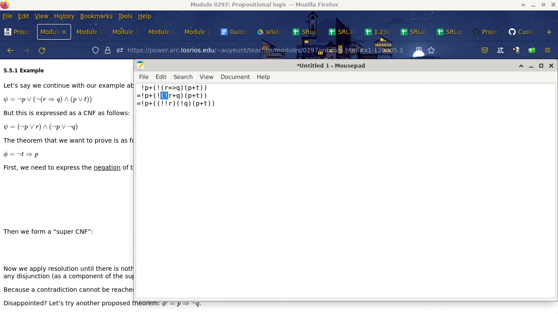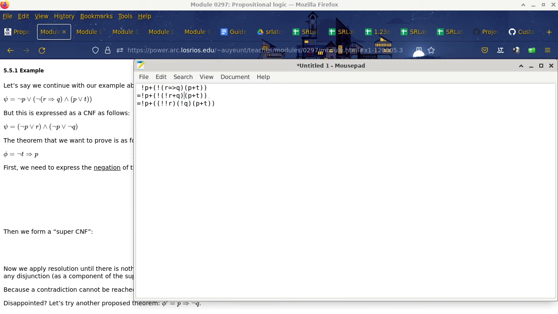So this negation applies only to this, and it does not apply to that. Because if you look at asterisk as and, this and here has a lower priority compared to the negation here. So the negation is immediate. It applies to whatever is on the right-hand side, which is just this disjunction.